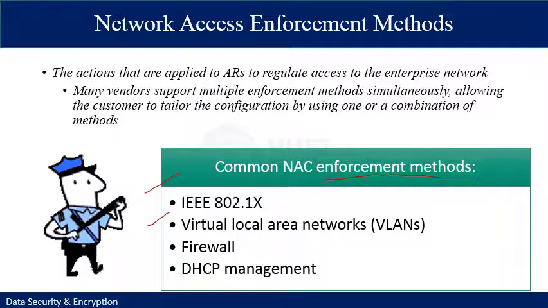Virtual LANs can be created dynamically, and virtual LAN membership of both enterprise servers and supplicants may overlap. That is, an enterprise server or a supplicant may belong to more than one virtual LAN.